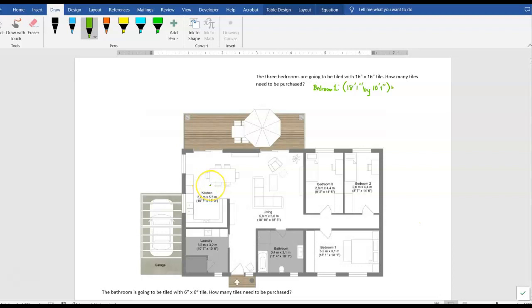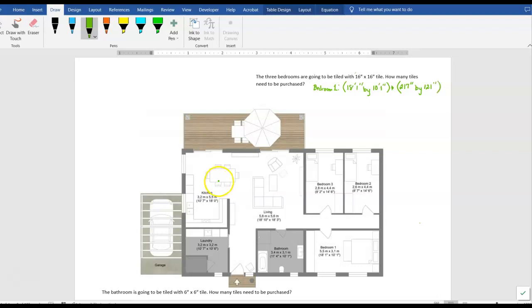And we want to convert that into all inches since our tile is in inches. There are 12 inches in 1 foot. So 18 times 12 plus 1 more inch is going to give us 217 inches by 10 times 12 is 120, plus 1 more is 121 inches.